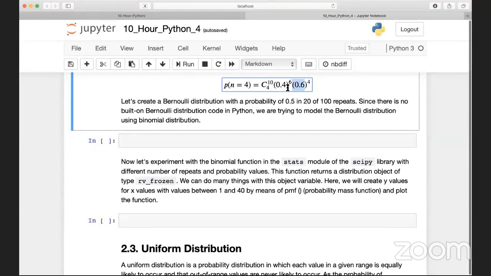Okay, and if we have head 6 times, this is if we are trying to calculate getting head 4 times, let's say, here you see, this is the formula that we need to have. This is 4, and this is the corresponding probability.